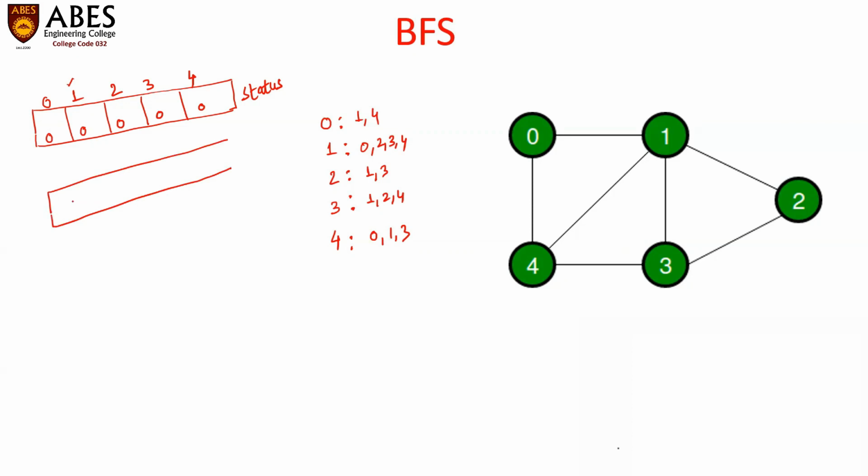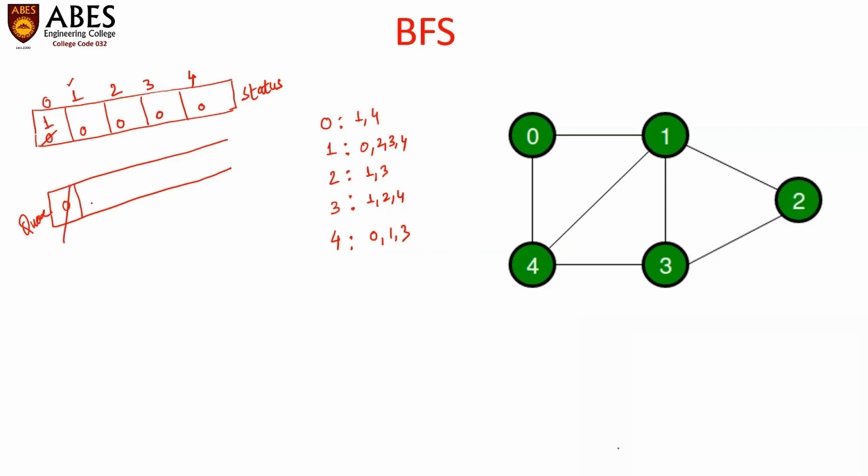In case the source is not given in this graph, we can consider 0 number vertex as a source and we push it on the queue, or we insert this on the queue and mark its status as visited. It means when a vertex comes to the queue, its status will be marked as visited.